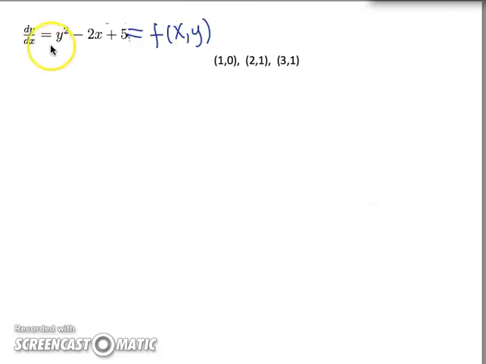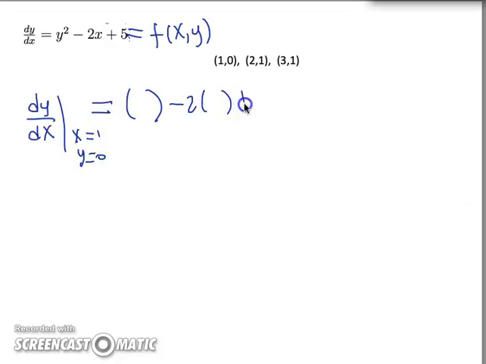So here we have a concrete example, an expression on the right hand side that is y squared minus 2x plus 5. So what happens if we evaluate dy dx at x equals 1 and y equals 0? So that means that we are going to evaluate this expression. Okay, y is 0, x is 1, and this gives us minus 2 plus 5 equals 3.